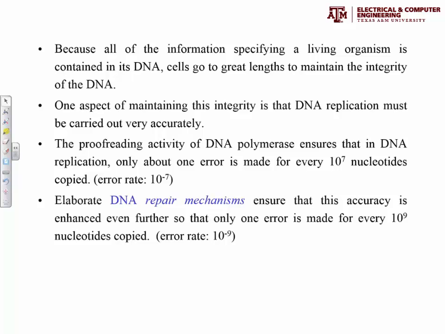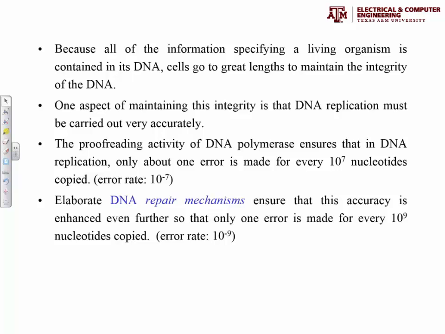But that's not enough. It's even more accurate than that. So the possibility of making mistakes is 1 in every 10 million. But you're copying 3 billion letters every time the cell is dividing and DNA is being replicated. So there are repair mechanisms. Let's say, despite this low error rate, there are still mistakes being made.